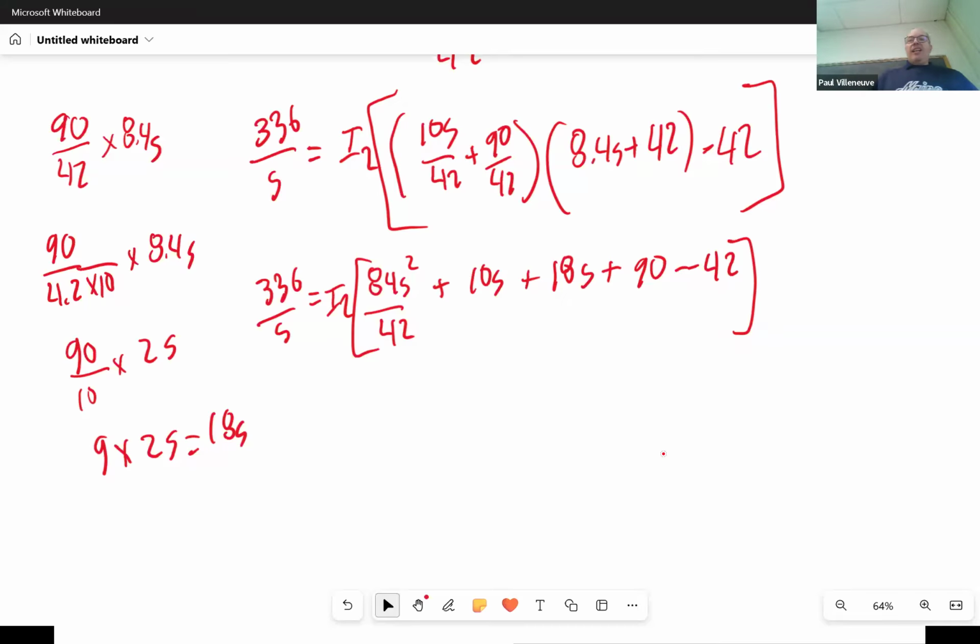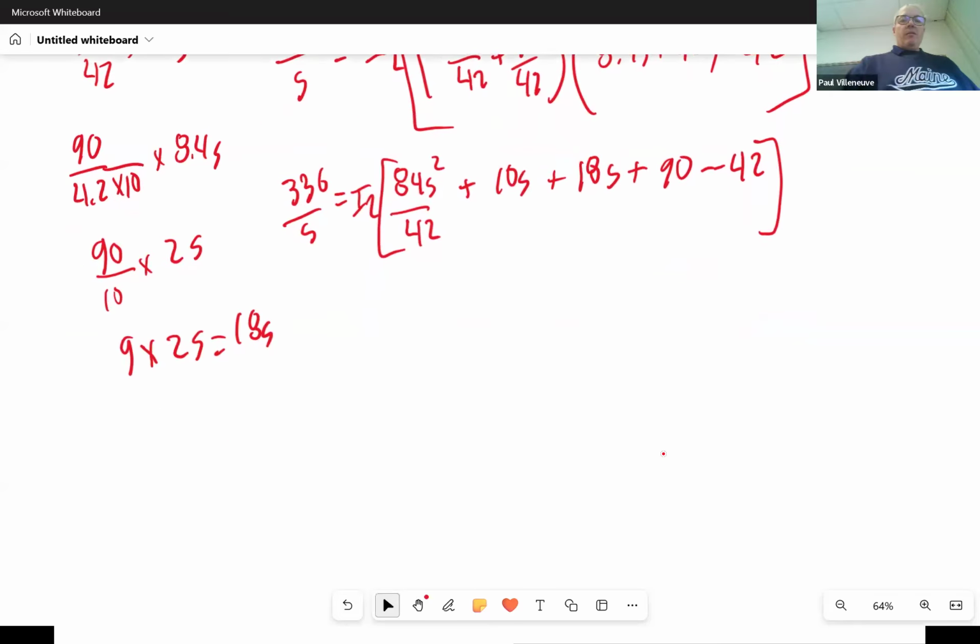And then the last one is 90 over 42 times 42, which is just 90. So I'm left with 336 divided by S equals 2 times 84 over 42.